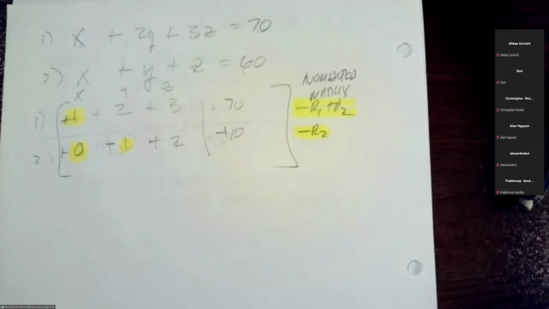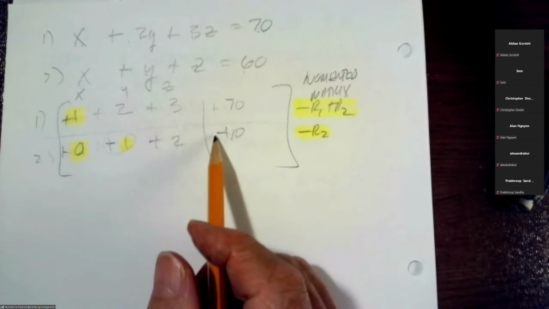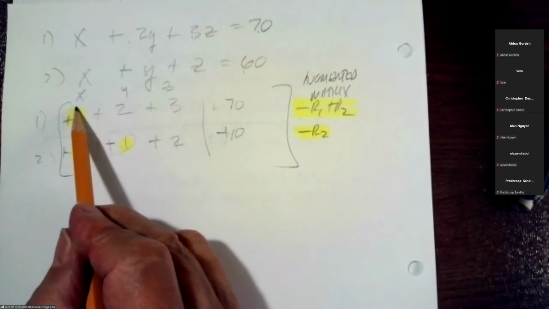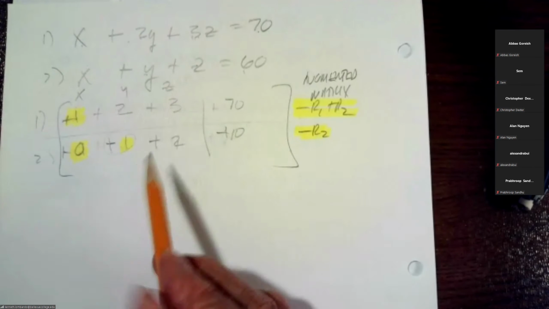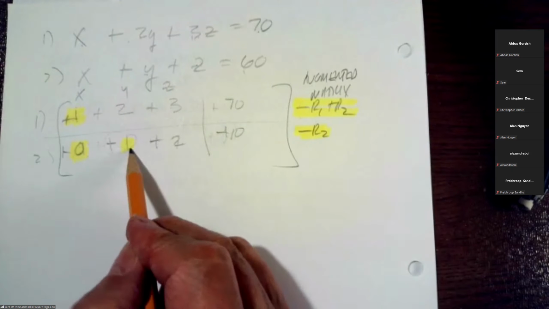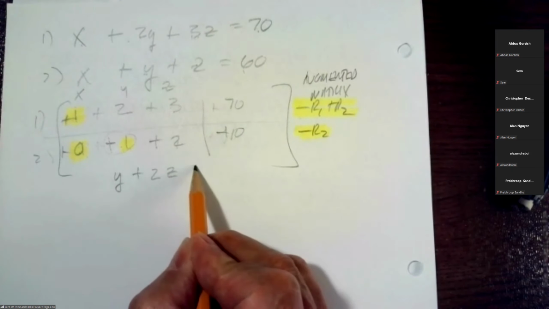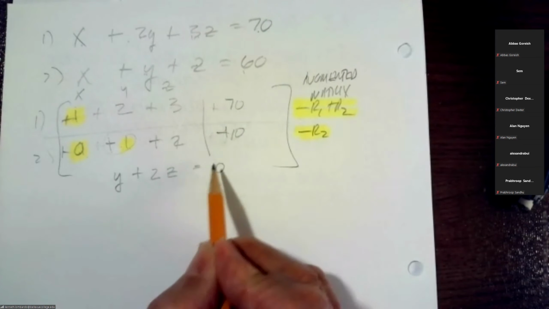That's good. So now we can express, we had X, Y, and Z. So we could say this is Y, 1Y plus 2Z equals 10.